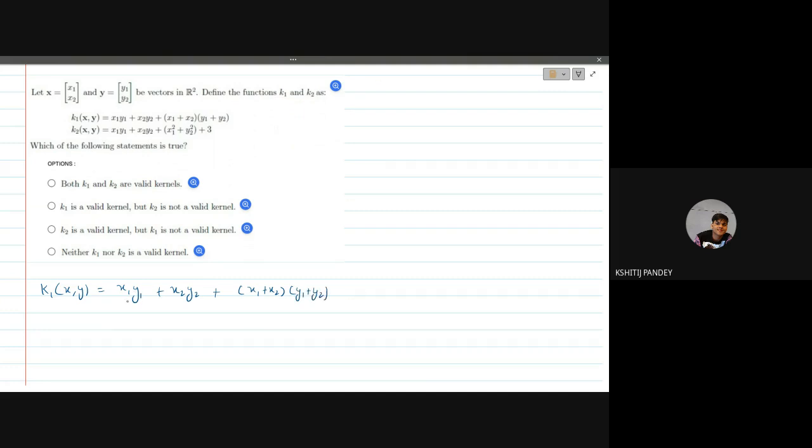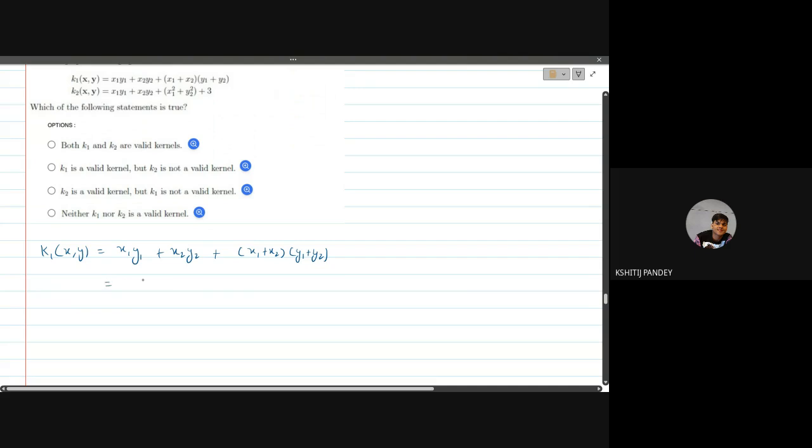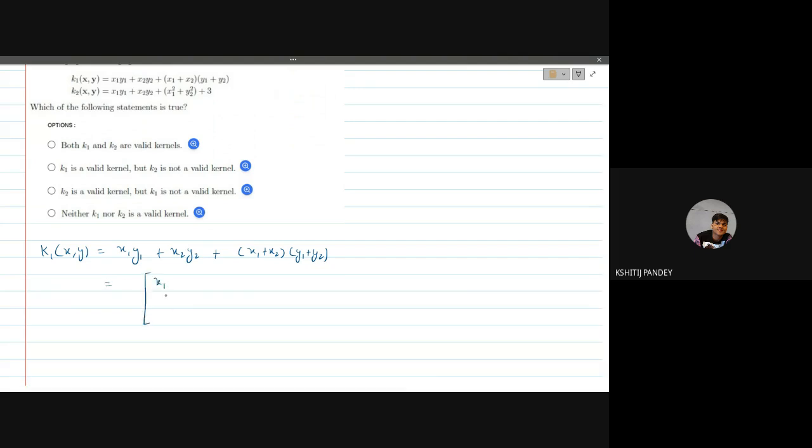If you look carefully, this is equal to the transpose of the vector (x1, x2, x1 plus x2) times the vector (y1, y2, y1 plus y2). So this is the dot product of these two vectors, correct?